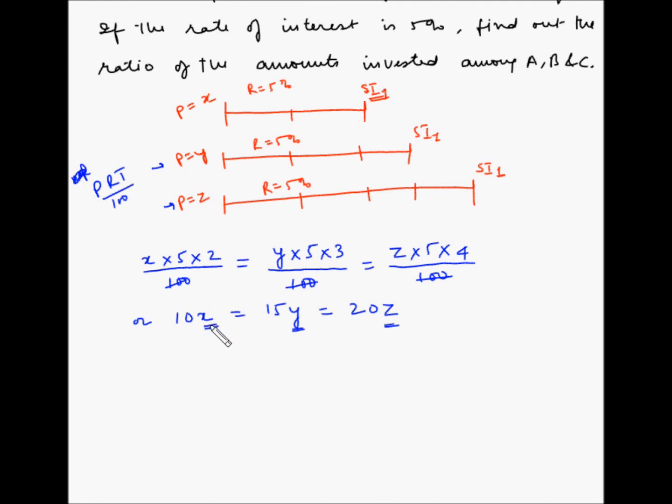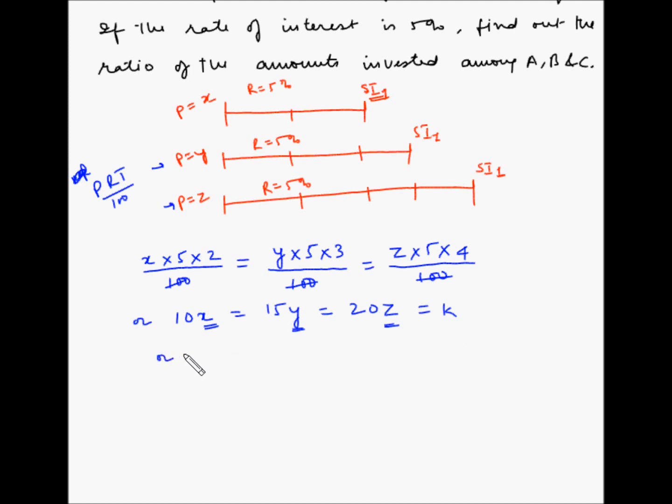So now we have to find the ratio between x, y, and z. To express this in terms of ratio, let's say this whole is equal to a number k. This is because we want to express x, y, and z in terms of k, and since k is the same for all three, we will be able to find the ratio easily.